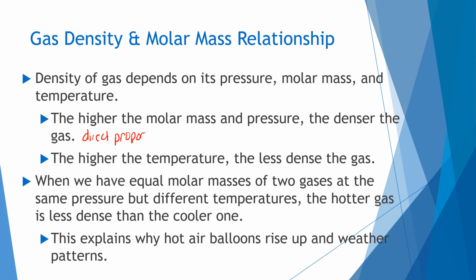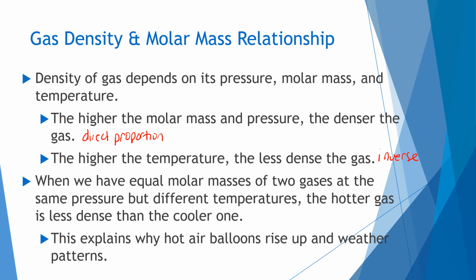All that means is the higher the molar mass, the denser the gas, or the higher the pressure, the denser the gas. On the other hand, temperature and density have an inverse relationship. Typically, the higher the temperature, the less dense the gas is.